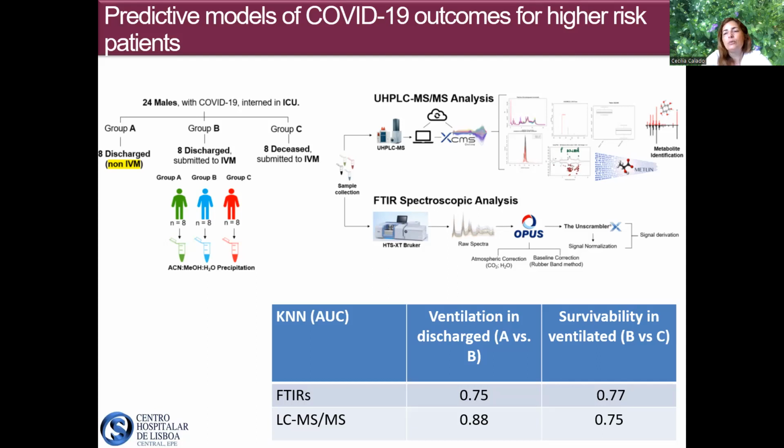And interestingly, we are achieving very nice predicting models based on these two platforms, mass spectrometry and infrared spectroscopy. The models we are starting just now and the models we were developing are very nice.